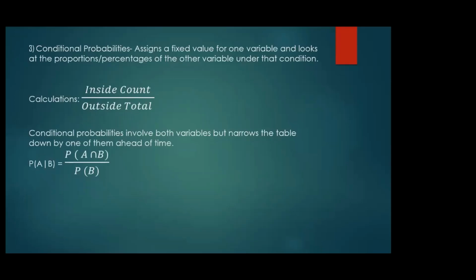Conditional probability involves both variables, but narrows the table down by one of them ahead of time. So what is the probability of A given B? The only way A can happen is if B already happened.